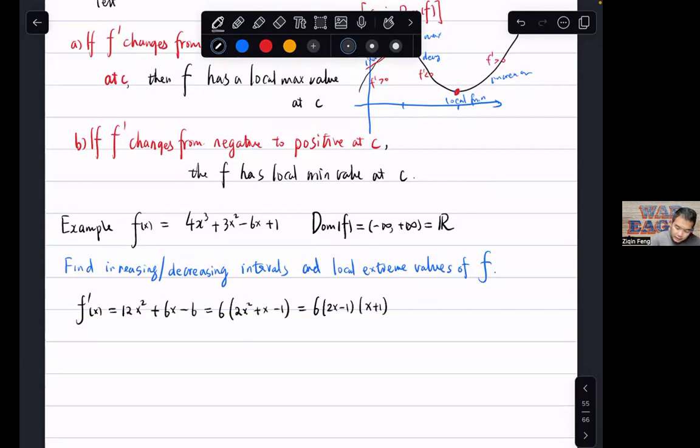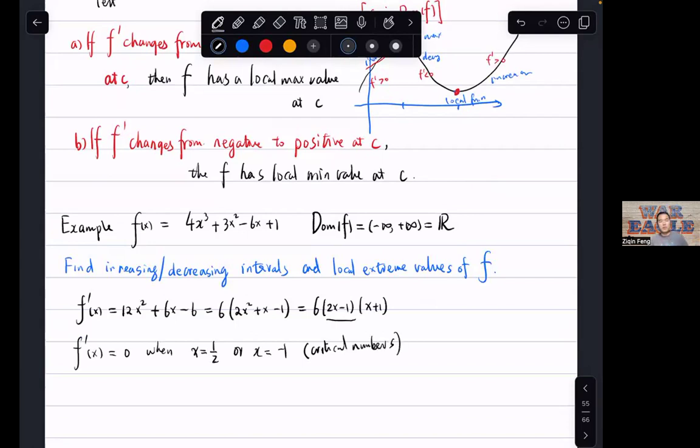So f prime of x equals 0 has two solutions: either x equals 1/2, when the first factor is 0, or x is -1. So these two are critical numbers.